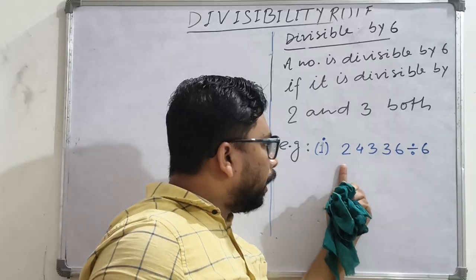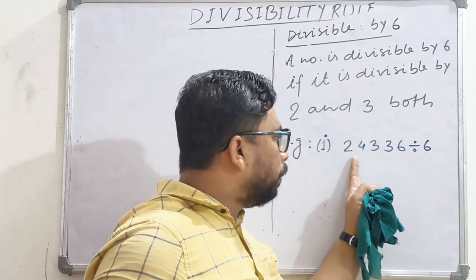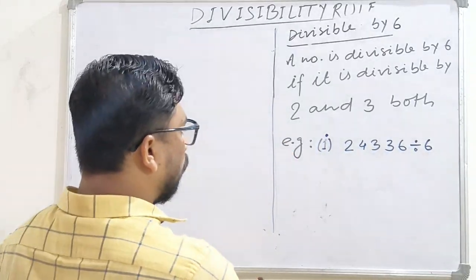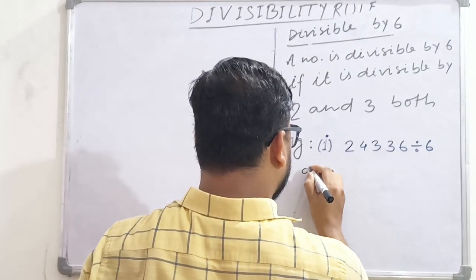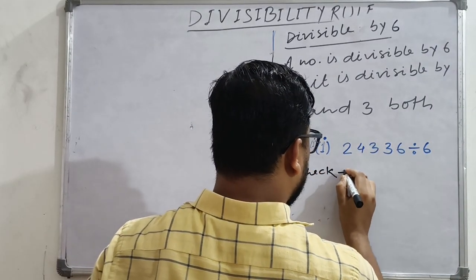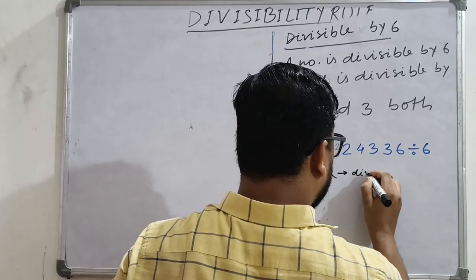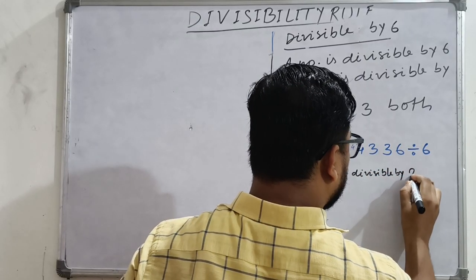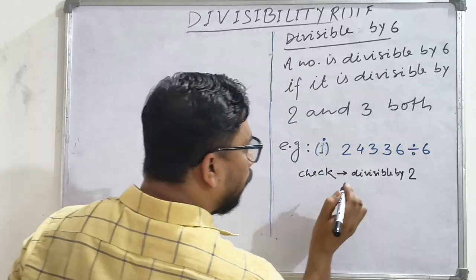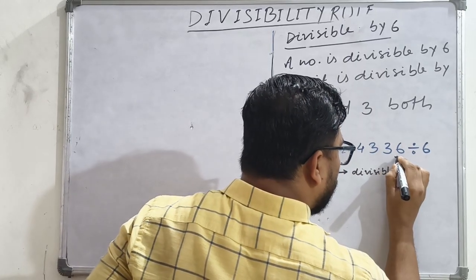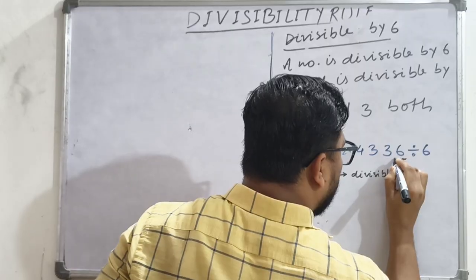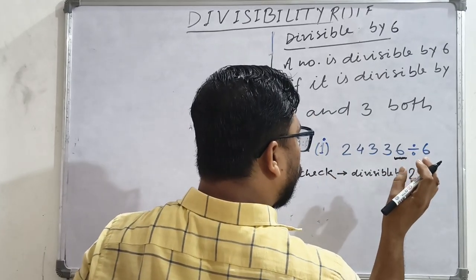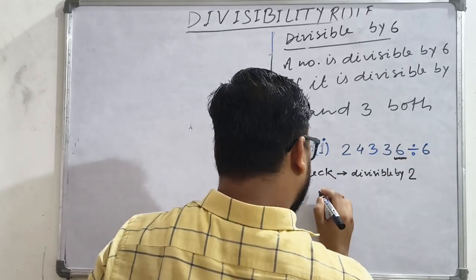So first you have to check whether this number is divisible by 2 or not. What is the criterion? The last digit, or unit digit, will be 0, 2, 4, 6 or 8 for divisibility by 2.